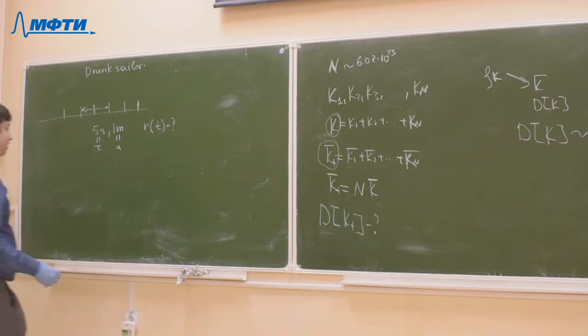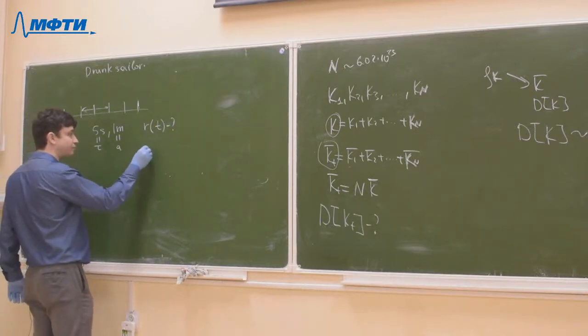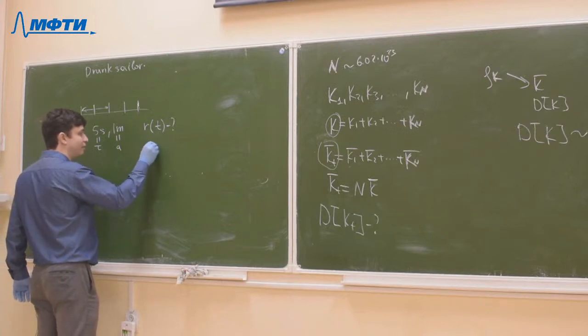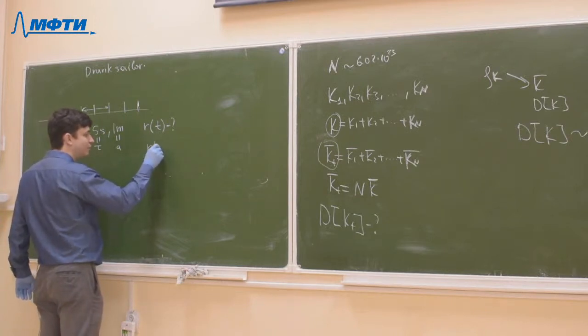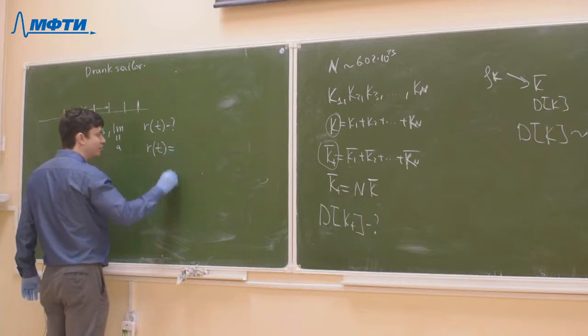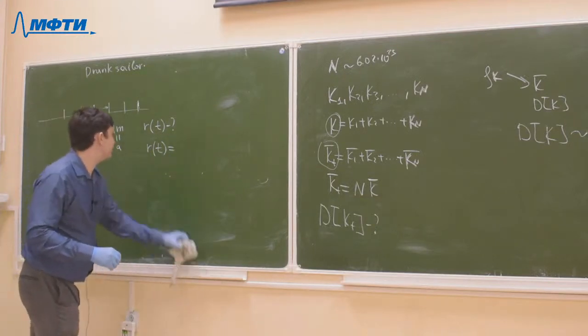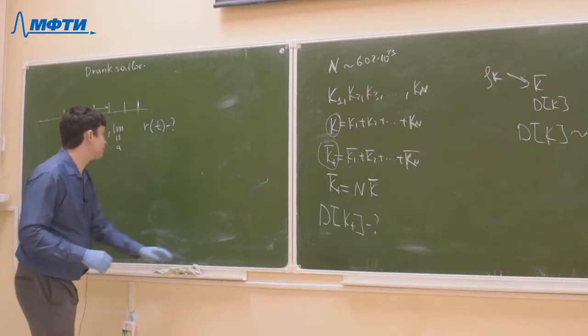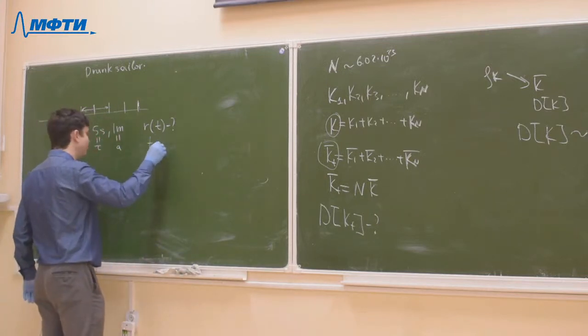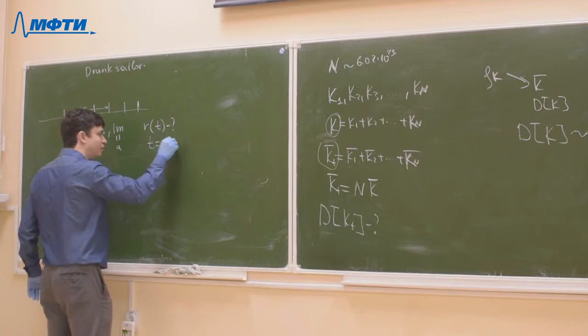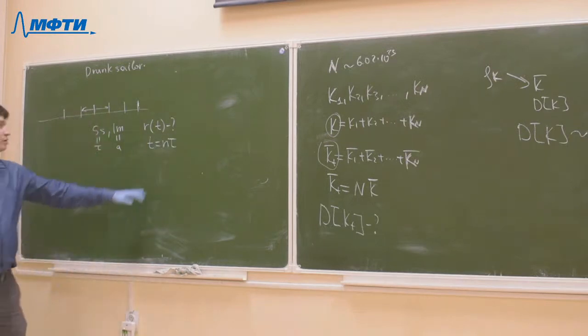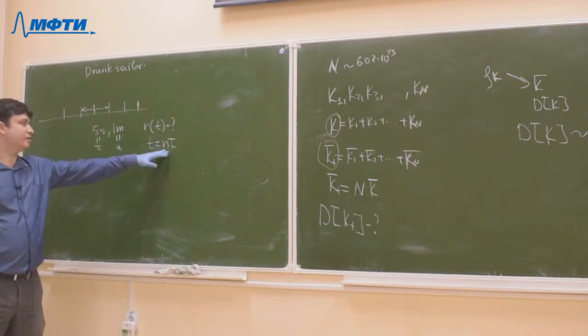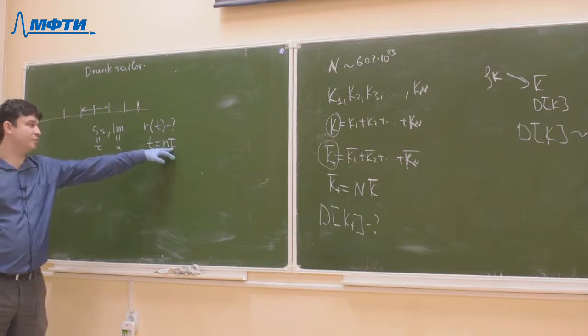Okay, we can write the following. At time t, we watch the sailor at moments of time which are given by the following formula. So we look at where the sailor is at integer multiples of tau.